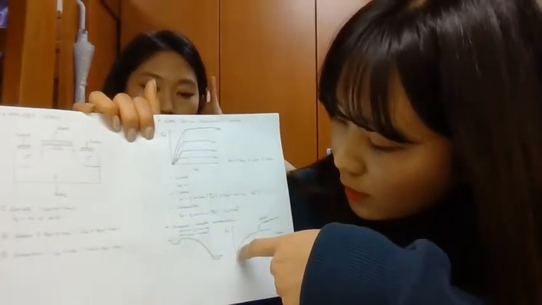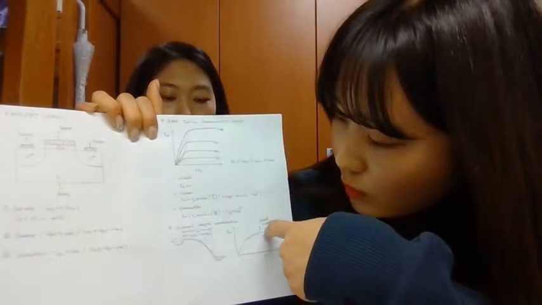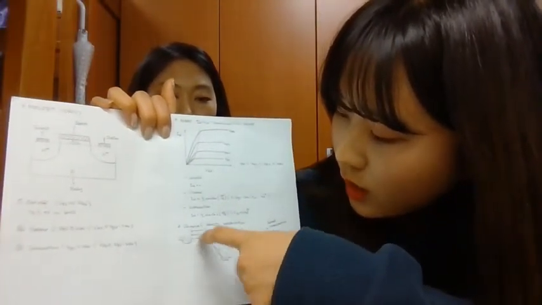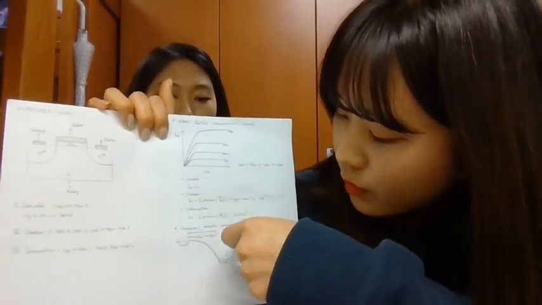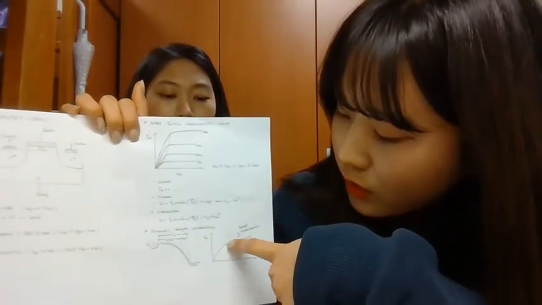So the drain current will go up together, because the depletion region is increased and the channel's length gets smaller, so more current will flow. So you can see in this graph that drain current will go up.